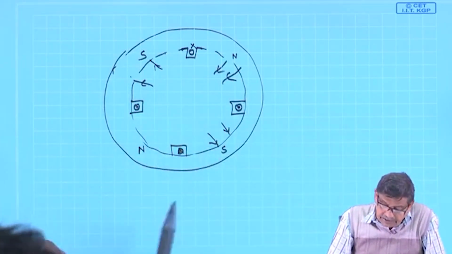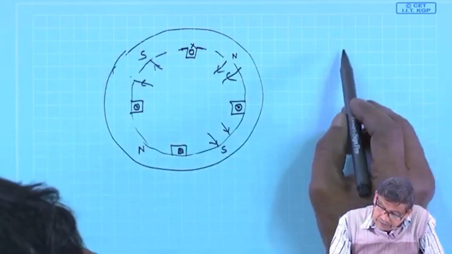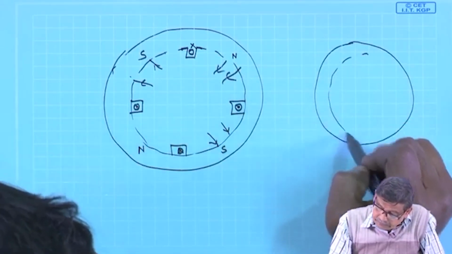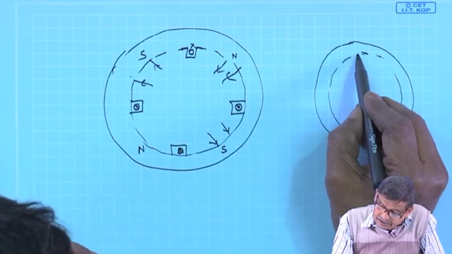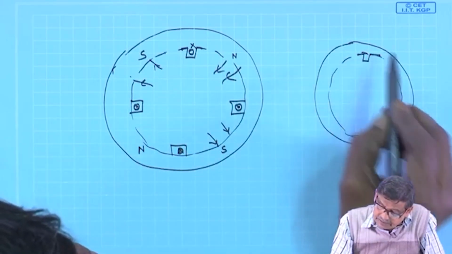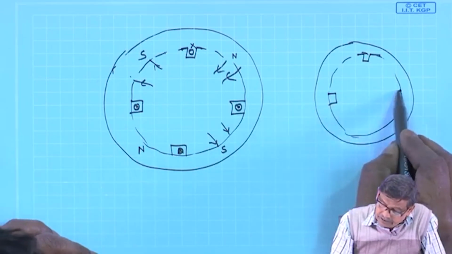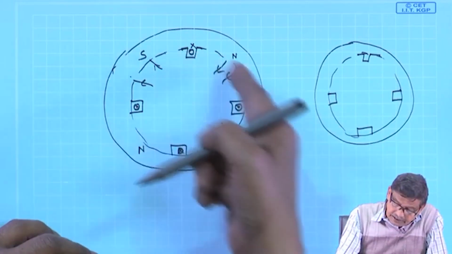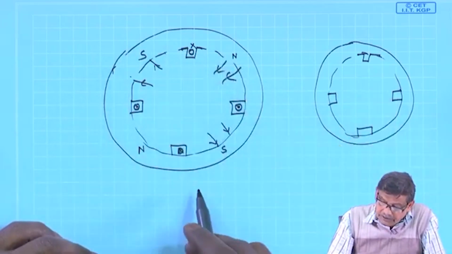Now, I will change the connection of these coils such that the current distribution pattern can be changed like this. The slots are there, windings are there. Can I use these same conductors to have 2 poles? Yes, you can.